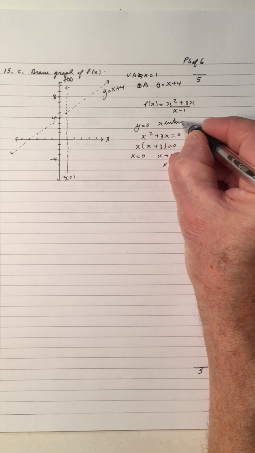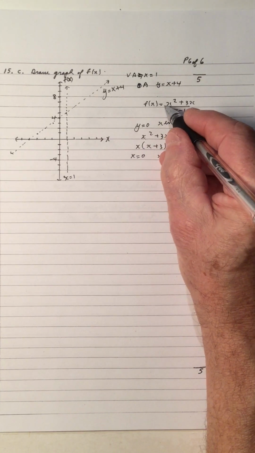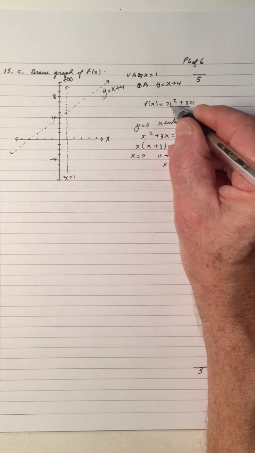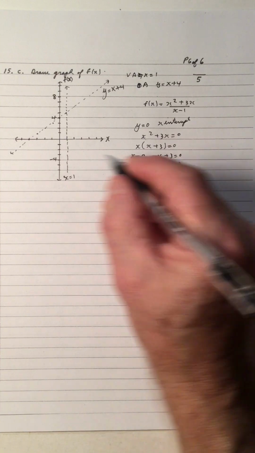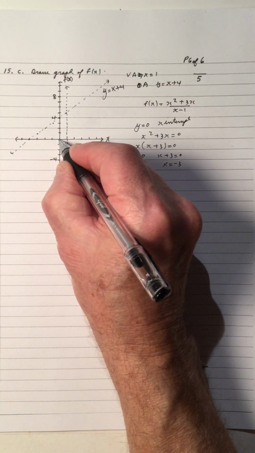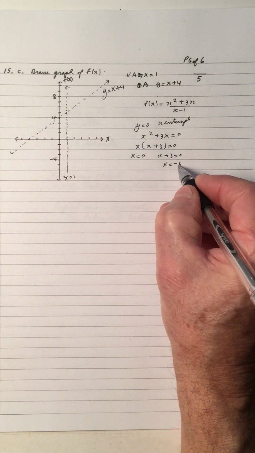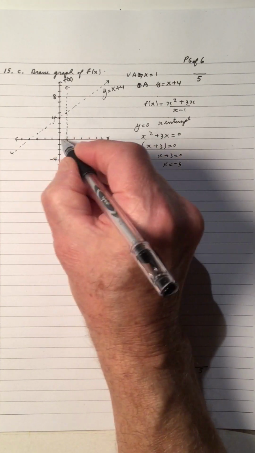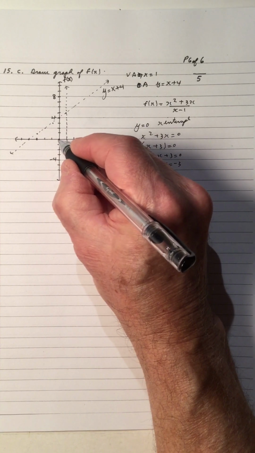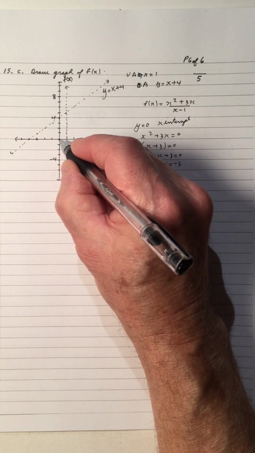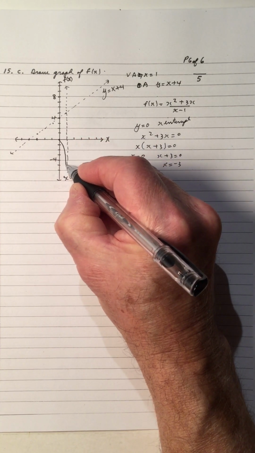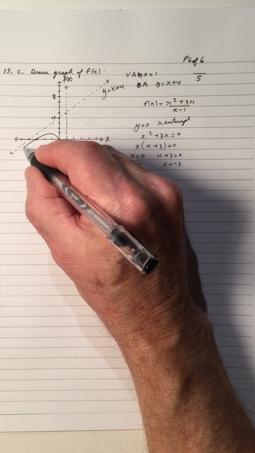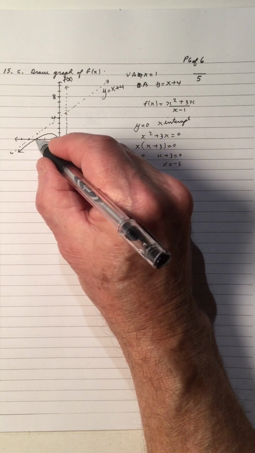When you make y equals 0, the numerator is equal to 0. So it passes through x is 0 and negative 3. So we can see that it's coming in here, goes down like this, comes up, and this is just a rough sketch. There it is.